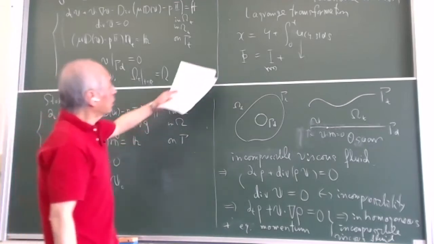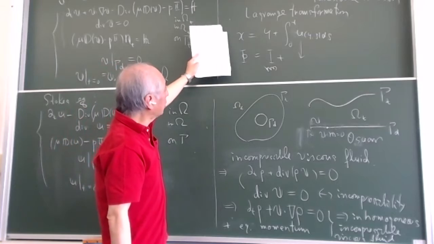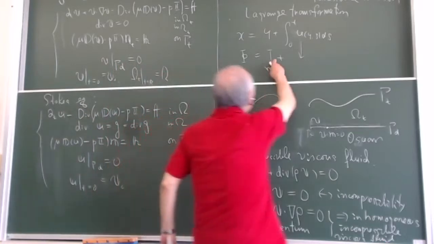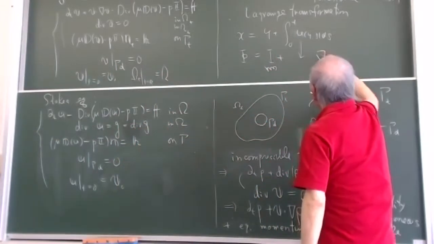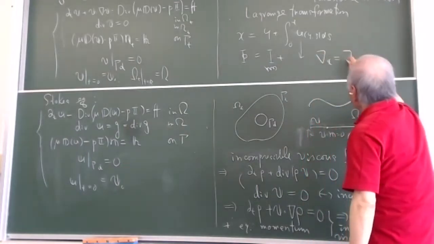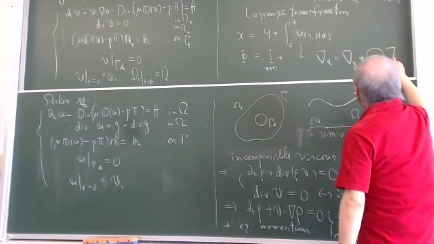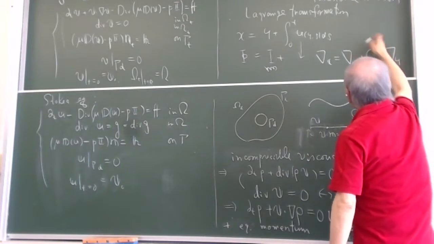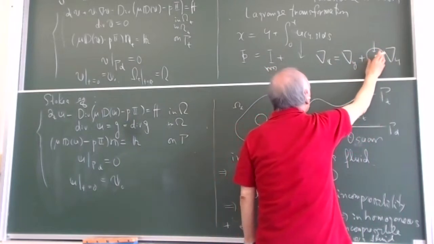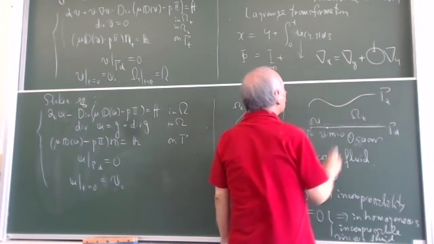Because under this transformation, the gradient x, I already told you, is a time-dependent coefficient, but it's small. So the gradient is close to the identity.